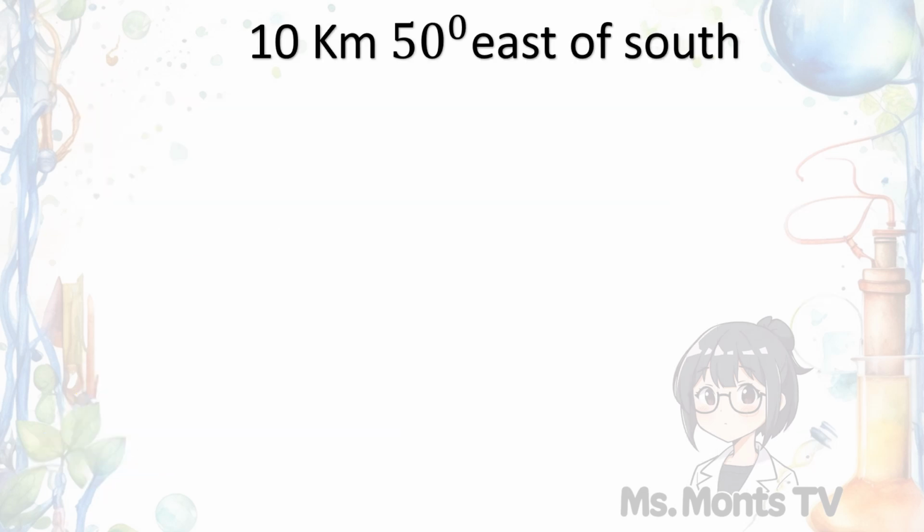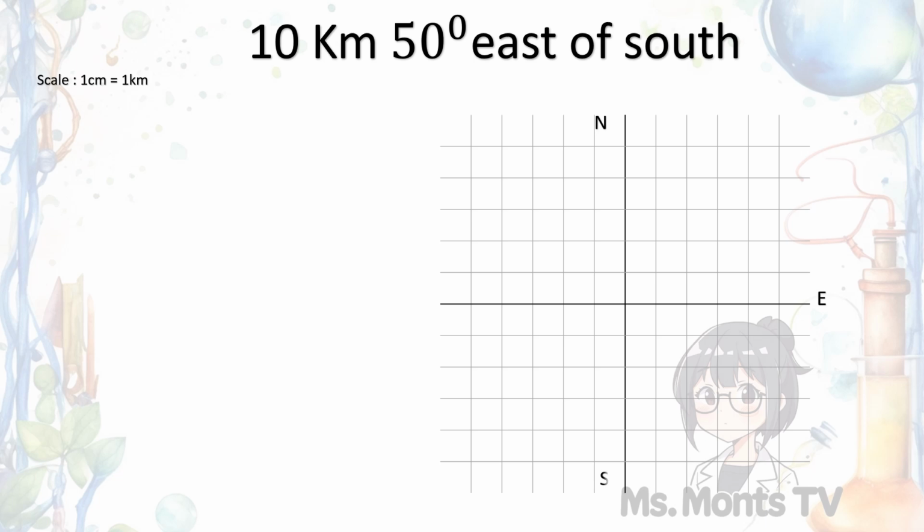Another example. 10 kilometers, 50 degrees east of south. So let's draw the Cartesian plane. 50 degrees east of south, meaning the angle will be coming from the south going to the east. 50 degrees. Then you will draw your line, 10 kilometers.